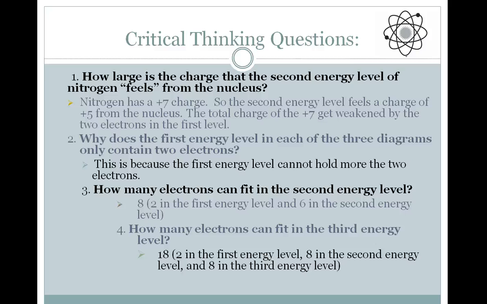Number 3, how many electrons can fit in the second energy level? In the second energy level, you can hold 6, but you also are adding the 2 electrons in the first energy level, so that makes a total of 8. A total of 8 comes from the two electrons in the first energy level and the 6 electrons in the second energy level.